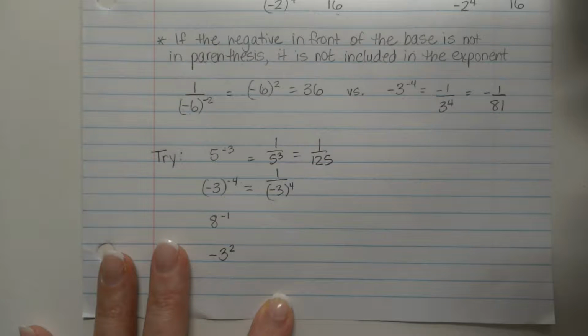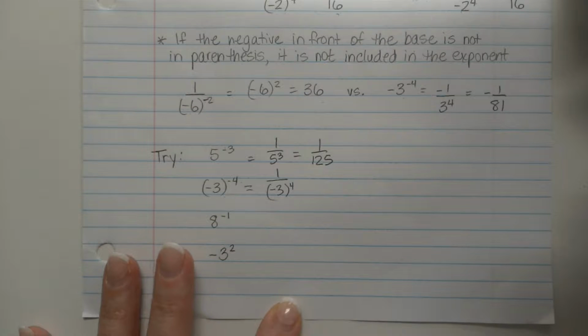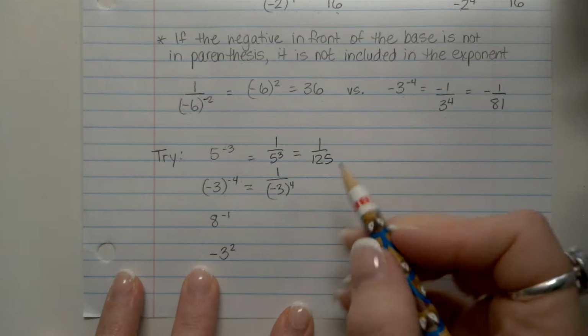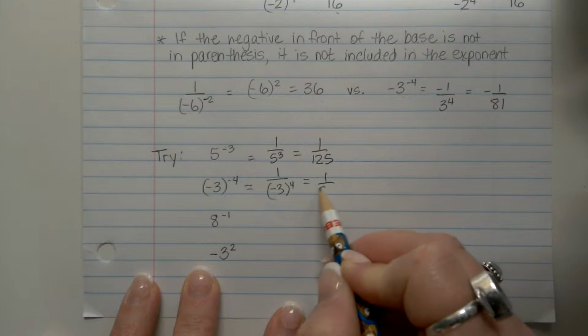And so when you multiply negative 3 times negative 3, which is 9, times negative 3, which is negative 27, times negative 3, which is 81, sorry. Okay, so you get 1 over 81.